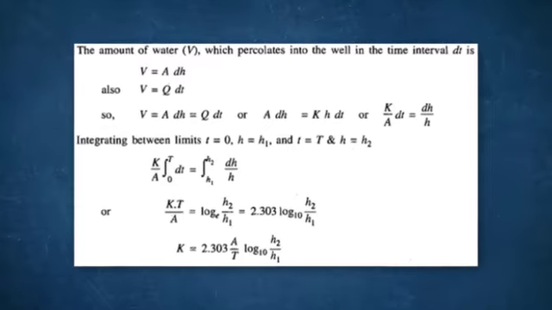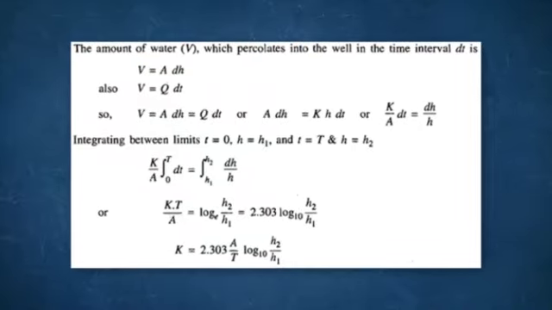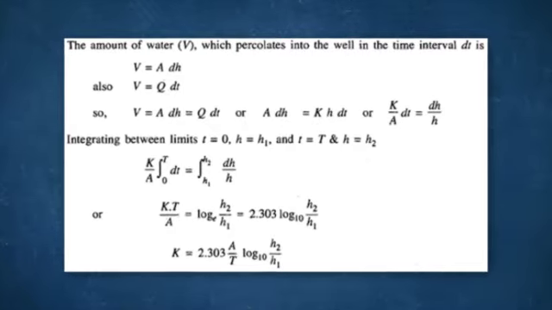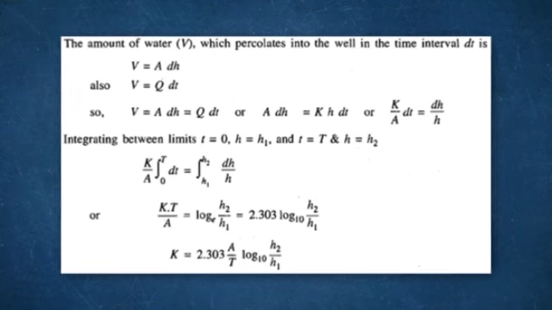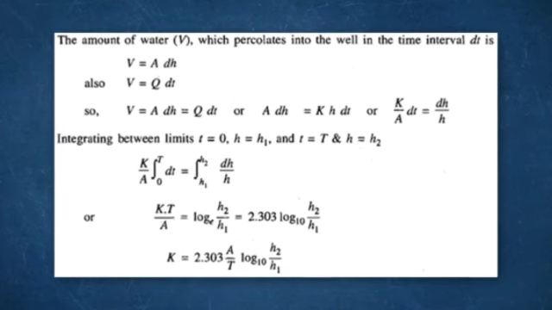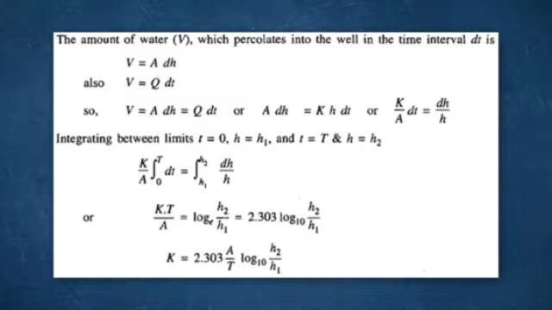We can also say V is equal to Q dt. So A dH is equal to Q dt, or A dH is equal to K H into dt. So, K divided by A dt is equal to dH upon H.